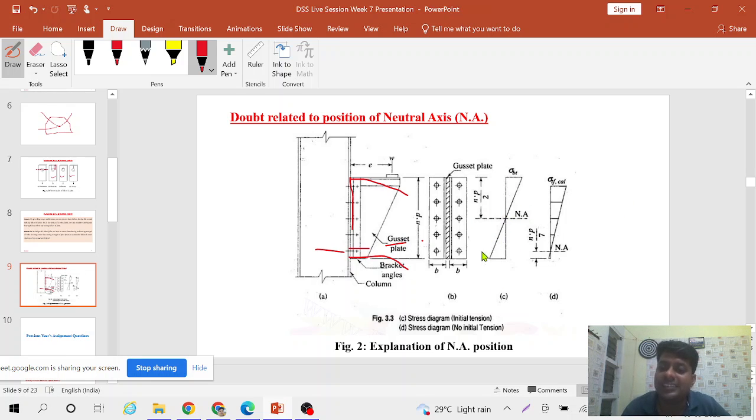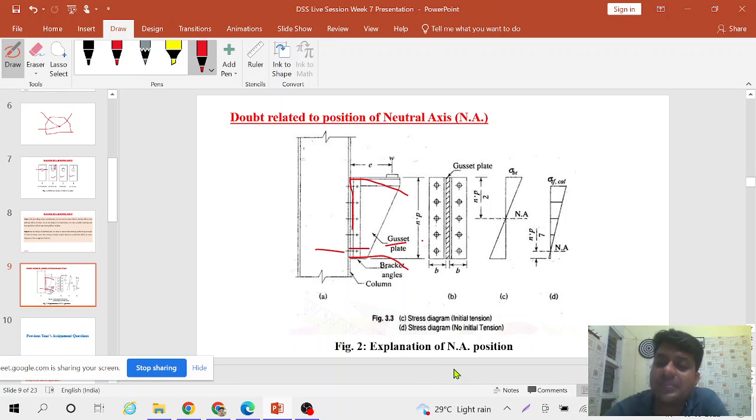If you design like this, you will be on the safer side, meaning you are overestimating the requirement and providing a large number of bolts to the connection. A large number of bolts are provided when the center line is chosen.